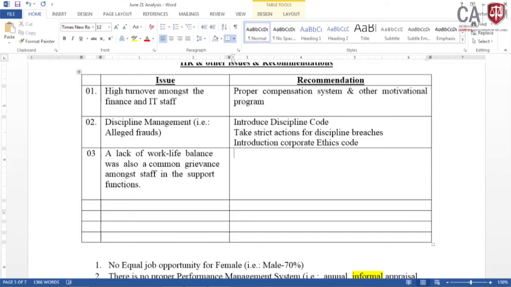One solution may be to provide awareness to employees about the importance of work life balance.